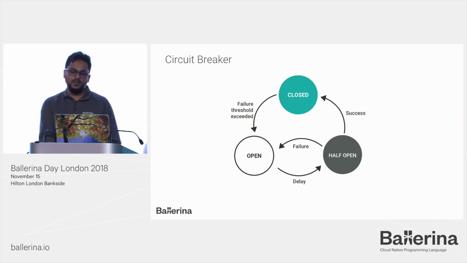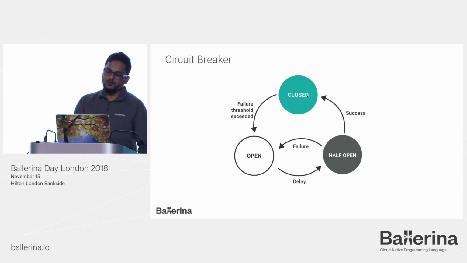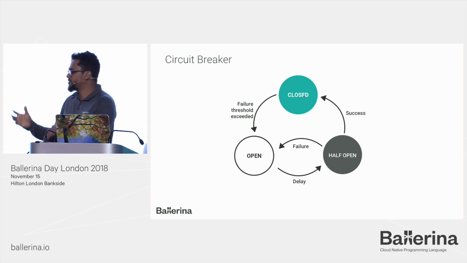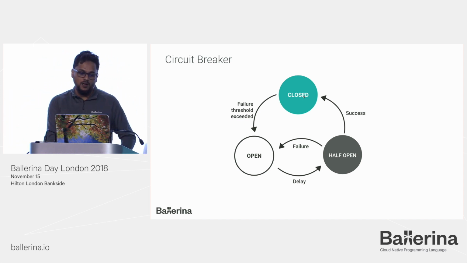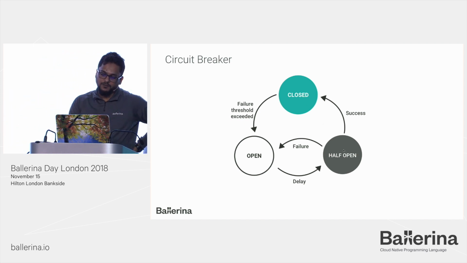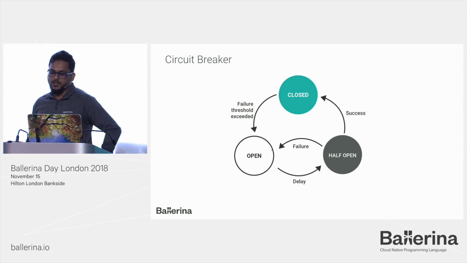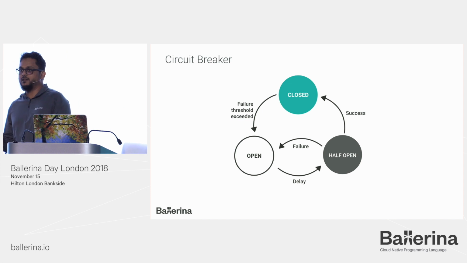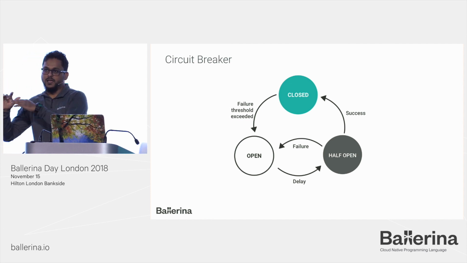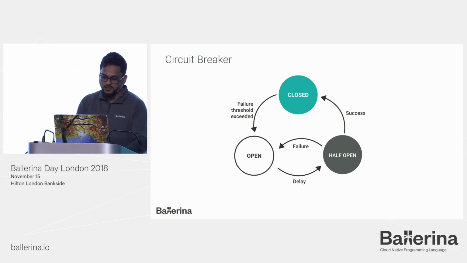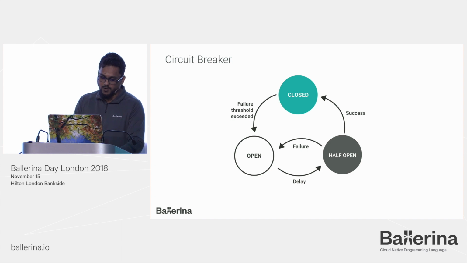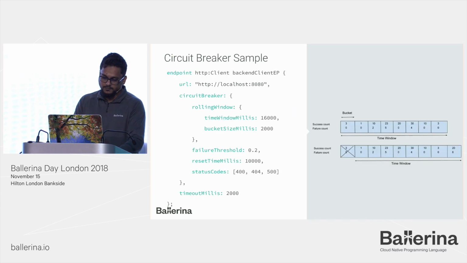If it responds properly, then it's successful. You go back into the closed state, and it's the normal state of affairs, right? If that fails, again you go back into the open state, so you will not send any requests again until that particular delay interval. So that's the very high-level idea about circuit breaking.